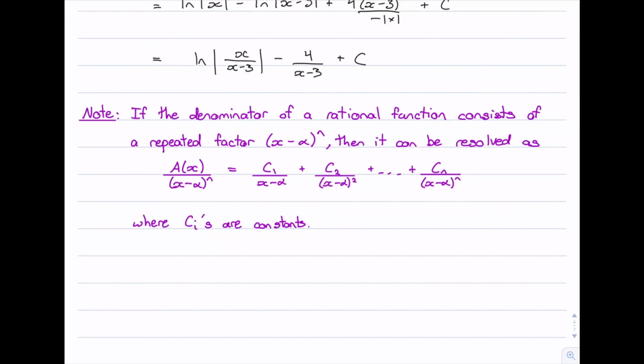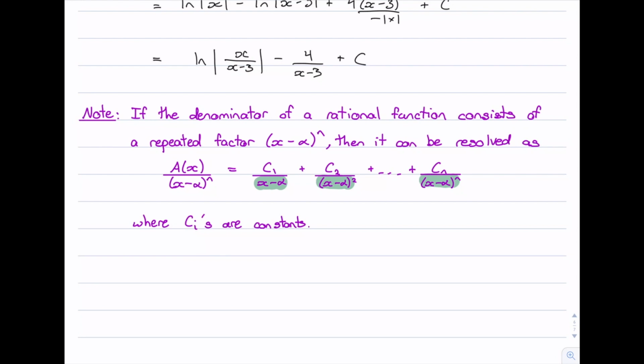So this is a really important fact that you need to take note of when doing partial fraction decompositions where the denominator contains a repeated linear factor. If the denominator of a rational function consists of a repeated factor, x minus alpha to the power n, then it can be resolved or decomposed in the following way. We have our rational function, and it's going to be equal to a sum of fractions. You can see that each time we have our repeated factor in the denominator, but it's increasing in its power.